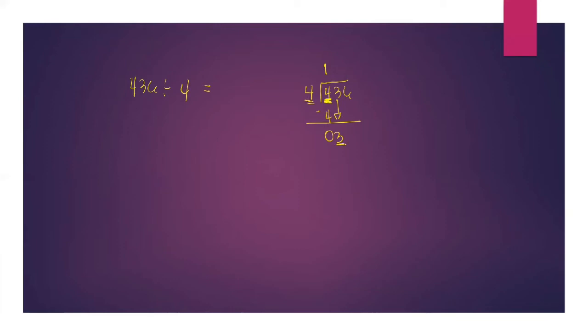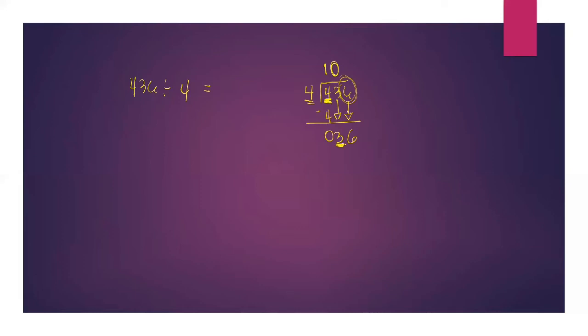Pag hindi siya pwede, we will bring down the next digit, tama? So, pag nag-bring down tayo ng next digit, which is 6, we will add 0 dito sa nalagyan natin ng space. Dahil wala naman tayong sinolve dito sa next digit, yung 3 natin, we will put 0.